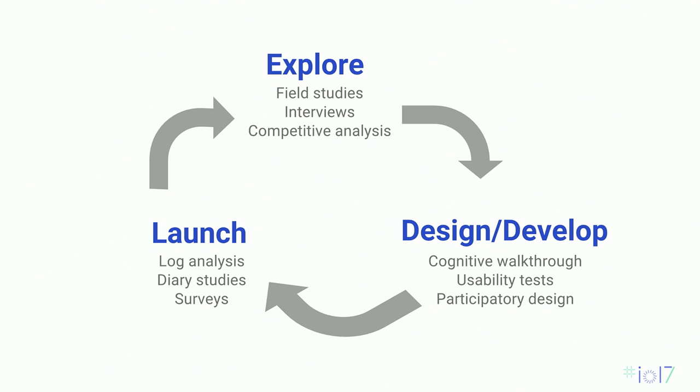Once you have decided what to build and you have a first prototype, research methods such as usability studies, participatory design exercises, or remote research are really useful for you to understand what works and what doesn't work in the hands of your users.